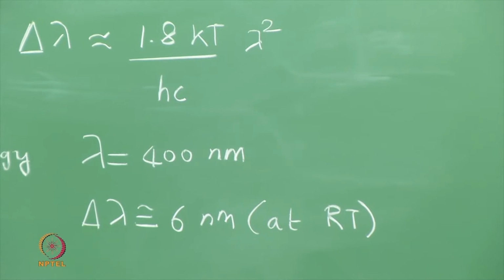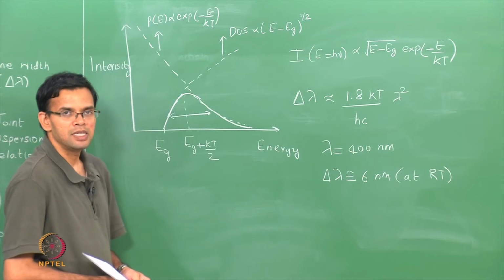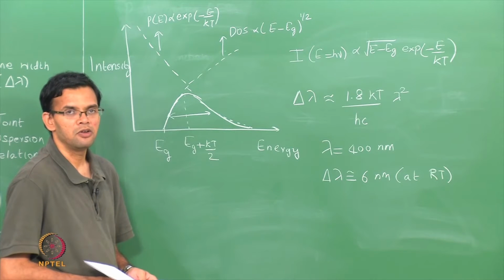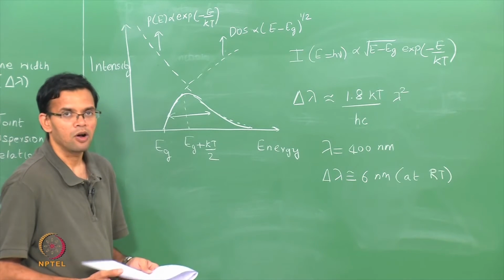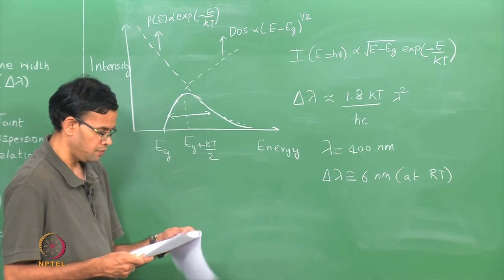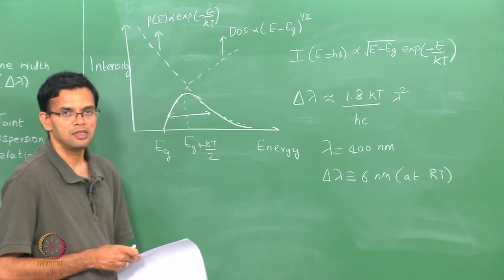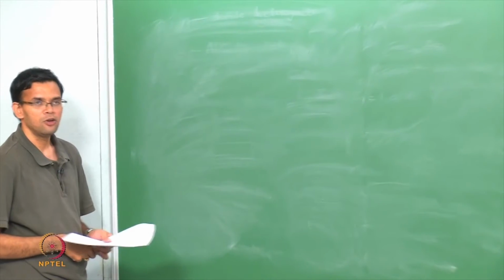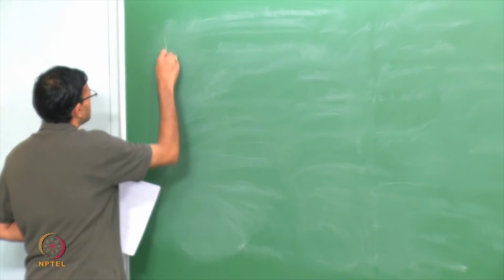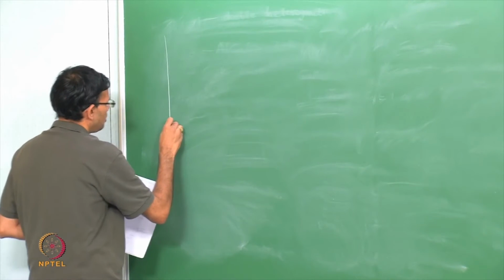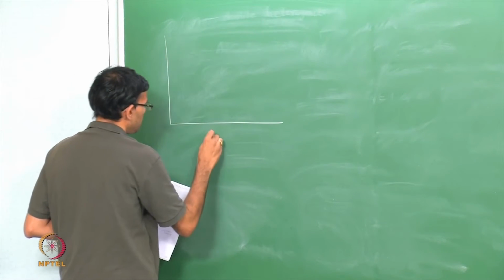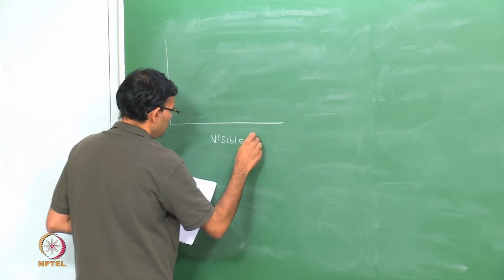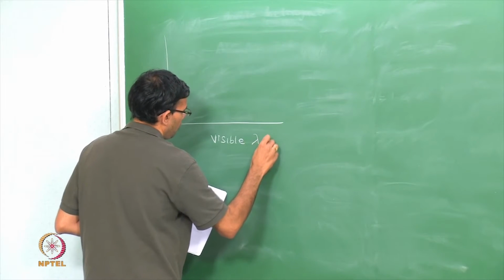So if we have different LED materials, we can basically have light of different wavelengths. The wavelength is going to depend upon the band gap of the LED material. So we can summarize this in the form of a plot. I would just like to look at the different LED materials. So I will plot the visible region, wavelength in nanometers.